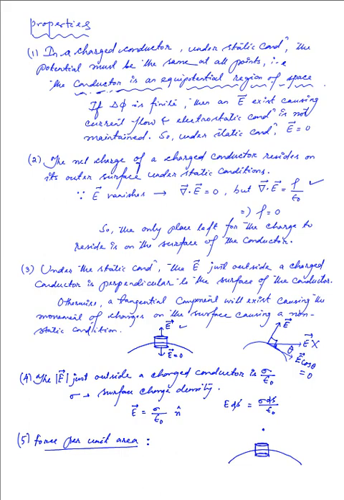Now the electric field due to this box at that point is going to be E1. But the total electric field observed at that point will be equal to the electric field due to that small portion which has the area ds, plus the electric field existing because of the rest of the surface.